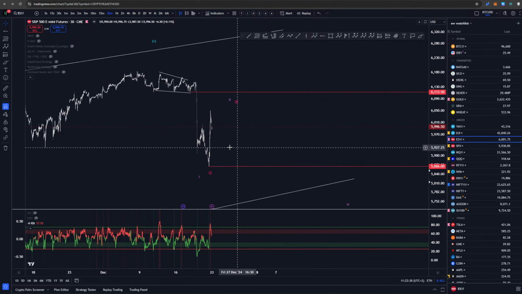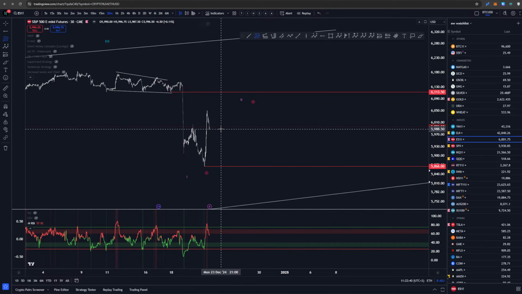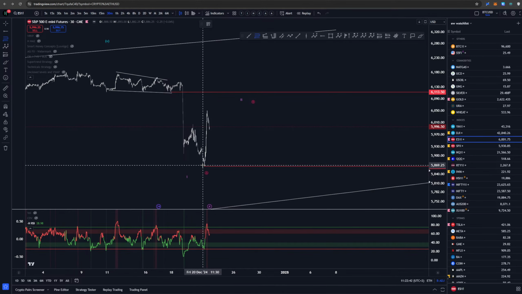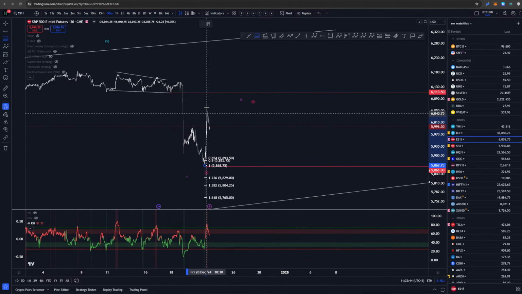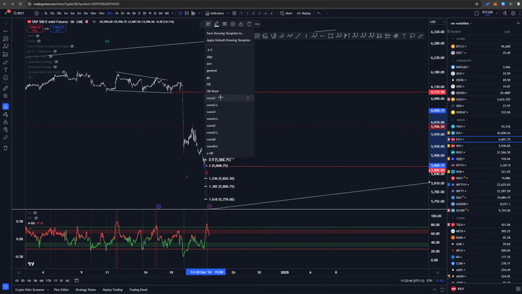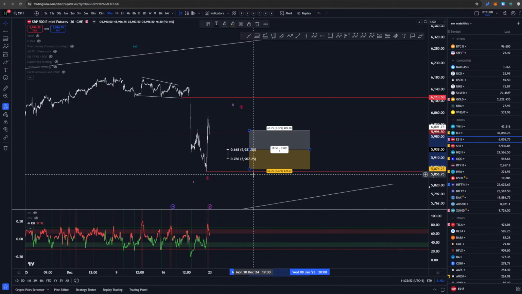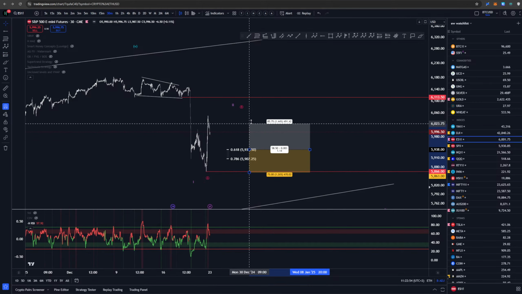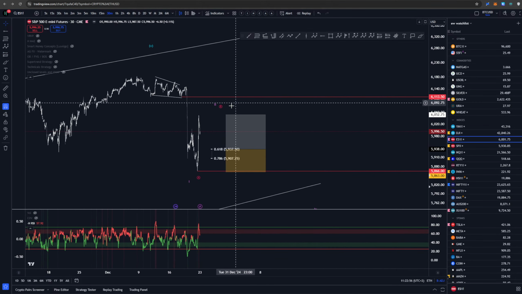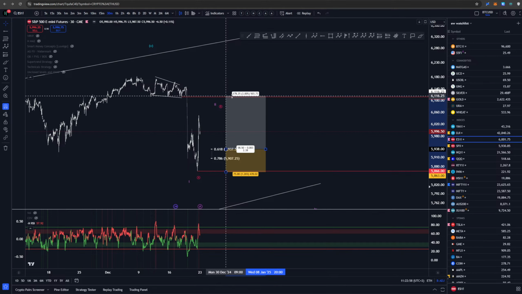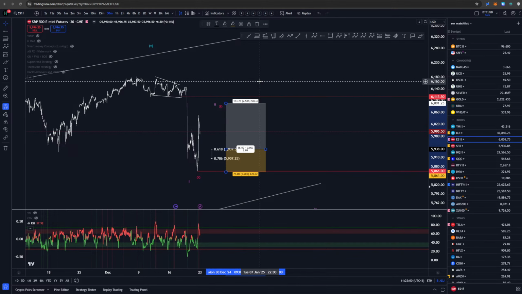But what I think at the moment I might want to be playing is this wave 2 potential. If we come back low enough, we could be looking for this kind of trade, and this would have to go a bit higher, somewhere into these resistances.